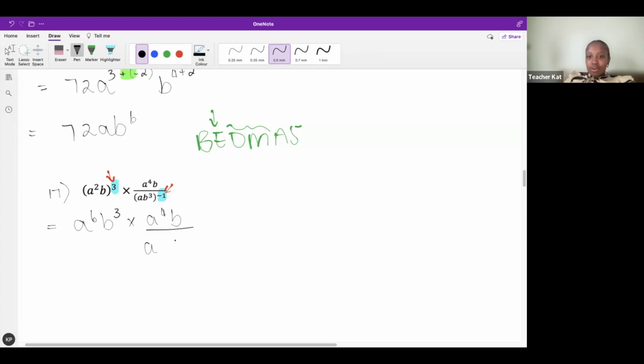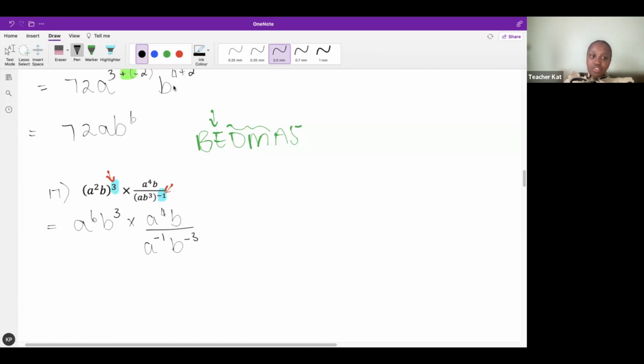A to the power of, Leachel has a light bulb moment, ding, ding, ding. I love it. Negative 1 and b to the power of negative 3. Okay, we've done exponents.